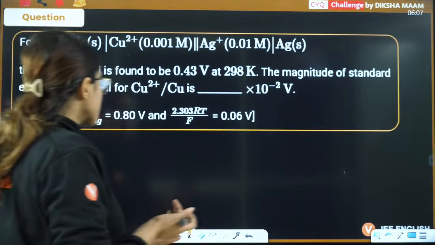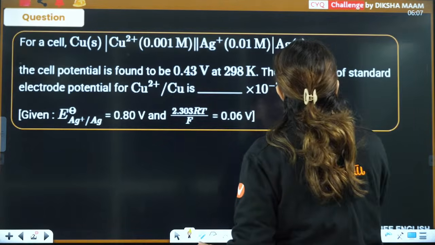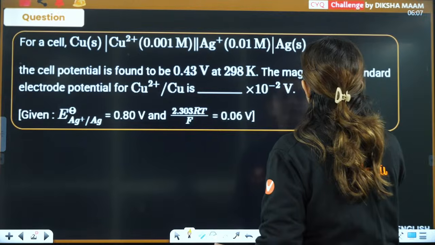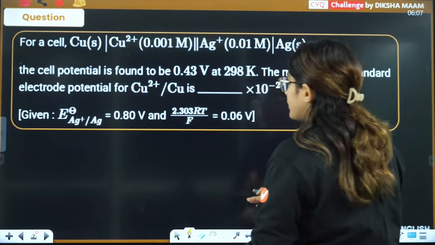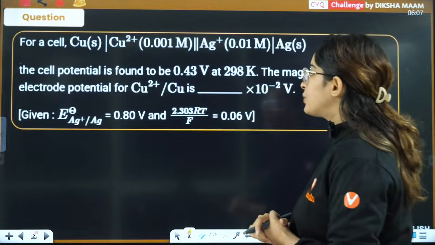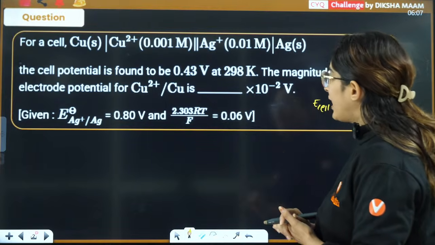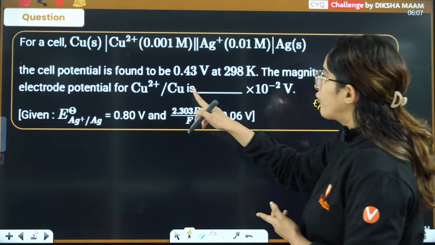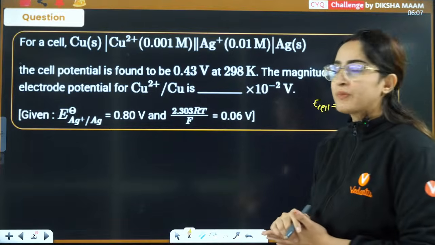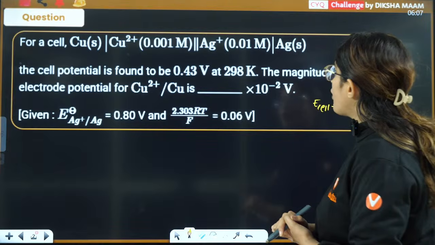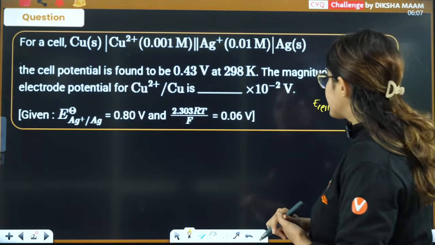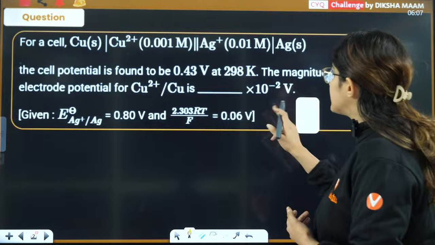Now, guys, E cell is already given to you. They have given you E naught of Ag positive, and they are asking you the standard E naught of Cu2 positive to Cu. What you have to do here is apply the Nernst equation.